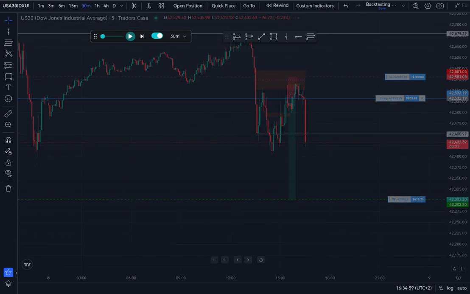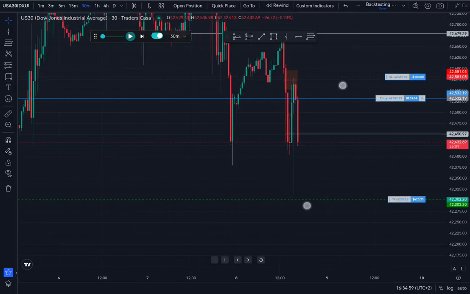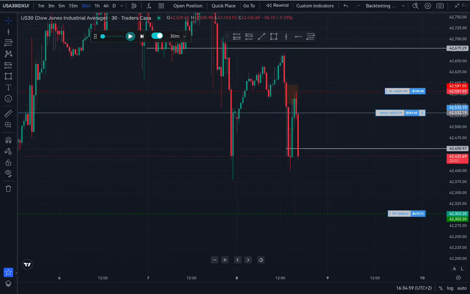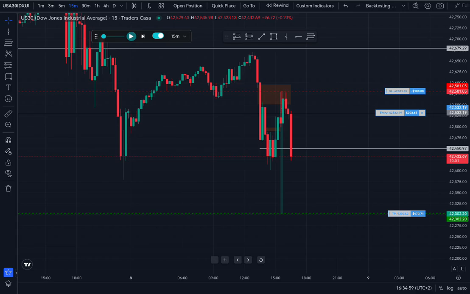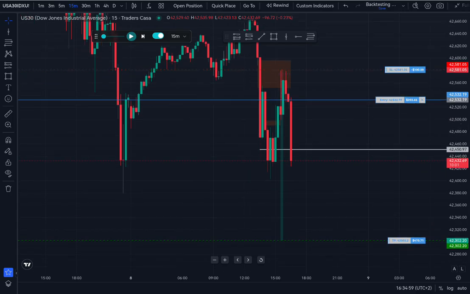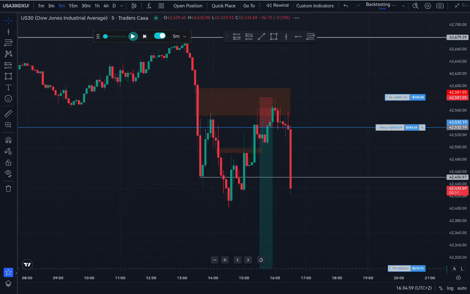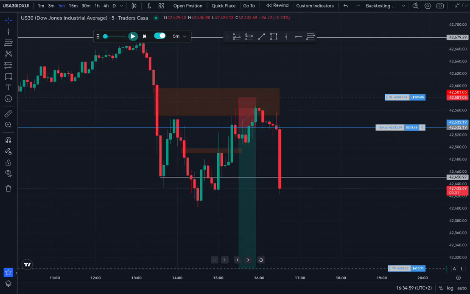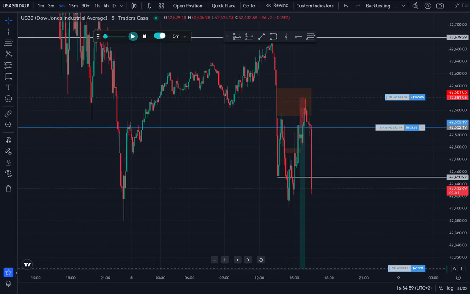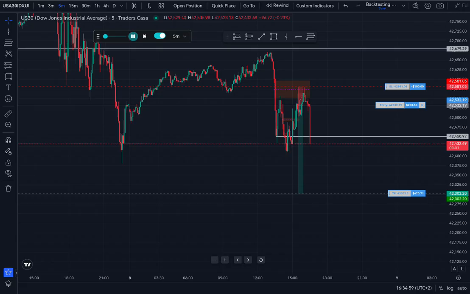I want to see where I would have best put the stop, because this is a good one. I almost got taken out of the trade. I want to see the swing high that I should have kept my stop at. Yeah, that was proper stop area. Let's see if we can hit TP.